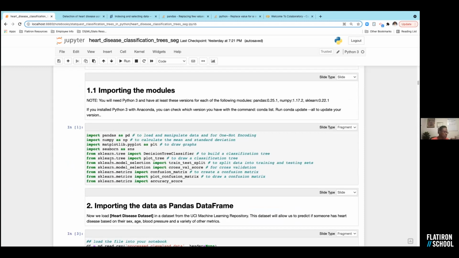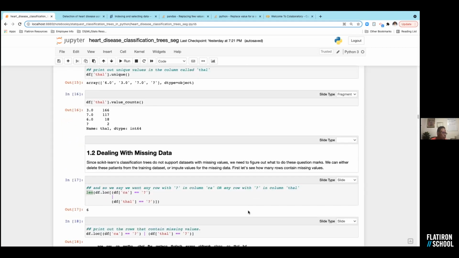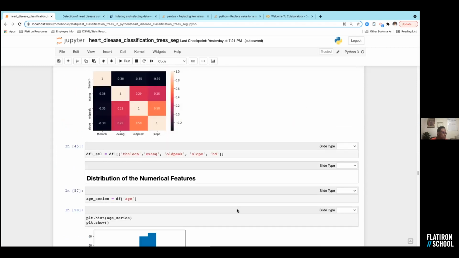But sklearn is one of the really popular modules, and included in that package is the decision tree classifier that we're going to use. But also included is this train test split. So that is going to do the splitting for us.